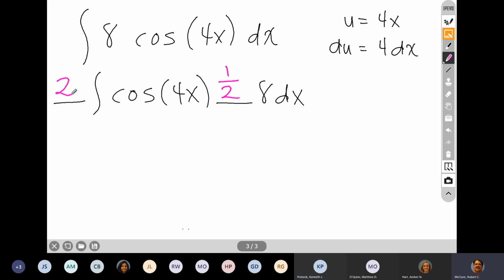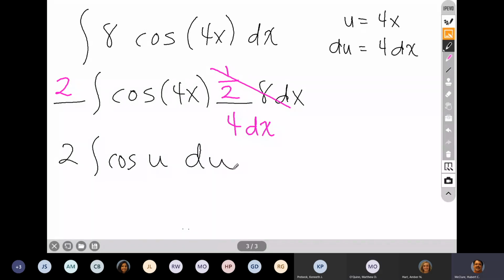So now, with this being 4 dx, this is cosine u du. 2 antiderivative cosine of u du, which the derivative of the cosine is the sine. So that's going to be 2 sine of 4x plus c.